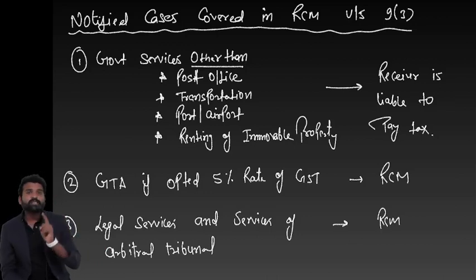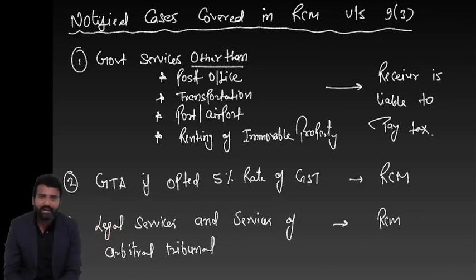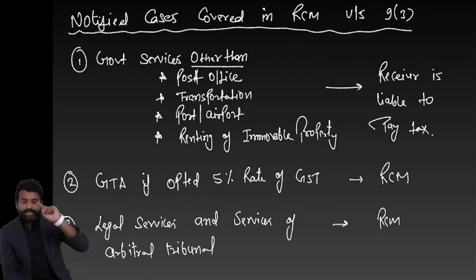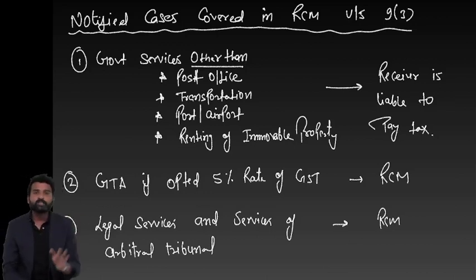Next, goods transport agency. Goods transport agency means these truckers, these transport agencies who are supplying our goods. Again, the GST will be payable by the company, by the receiver, not by the transport agency, if they have opted for the option of 5%. Actually, GTA has two options to pay GST.